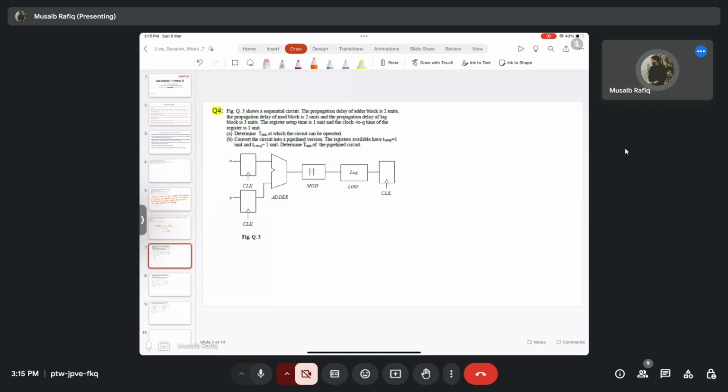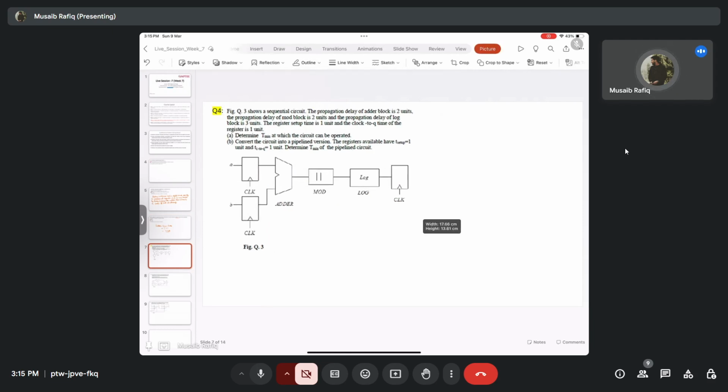Now this question, in fact, you can also find this example in Rabaey. I think most of you have referred to Rabaey, right? Let me tell you the exact chapter number. I have the book with me. Pipelining is in... I saw it yesterday, but somehow it's not here.